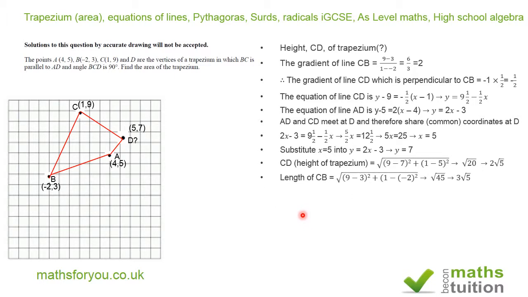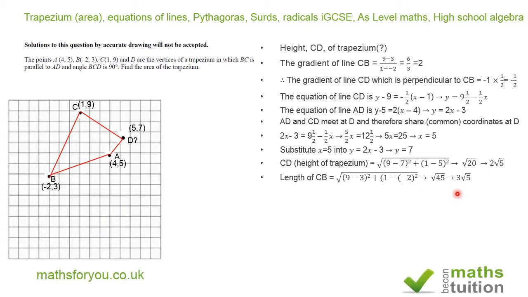Now we need to find the length of the line CB. Similarly, using Pythagoras, the length of CB will be 9 minus 3 all squared plus 1 minus negative 2 all squared. And that gives us the square root of 45, which is 9 times 5, and the square root of 9 is 3.